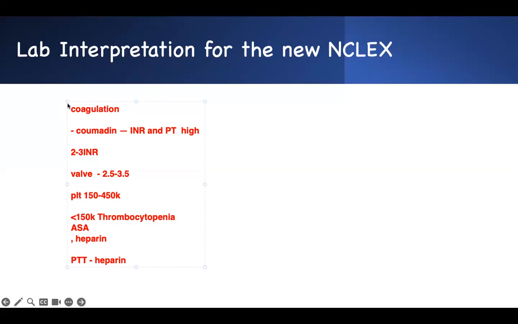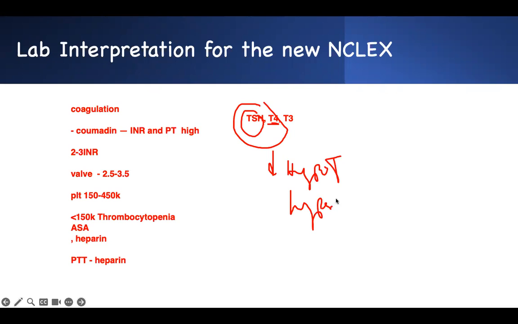The last one I want to talk about is TSH, T4, and T3. Pay attention. TSH and T4 are the main things you use to see if the individual is hypothyroid or hyperthyroid. The T3 is very short-living, so it usually does its thing and goes away quickly, but T4 lasts longer.